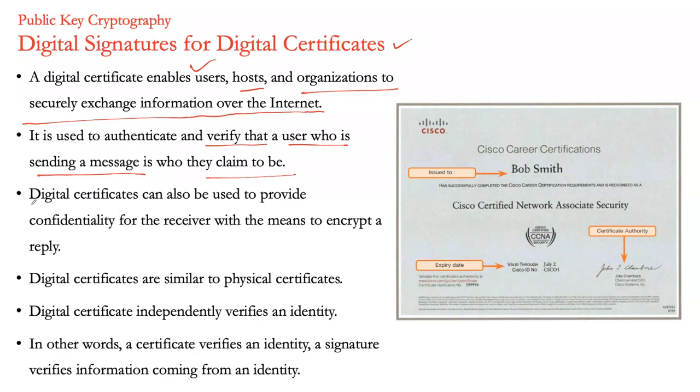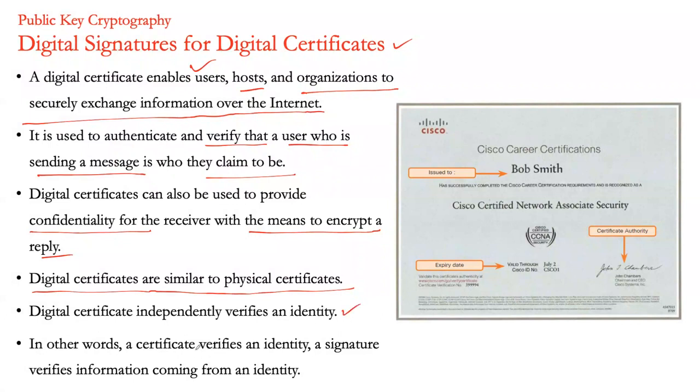A digital certificate can also be used to provide confidentiality for the receiver by means of encrypting a reply. And these digital certificates are similar to physical certificates, but digital certificates independently verify and identify.